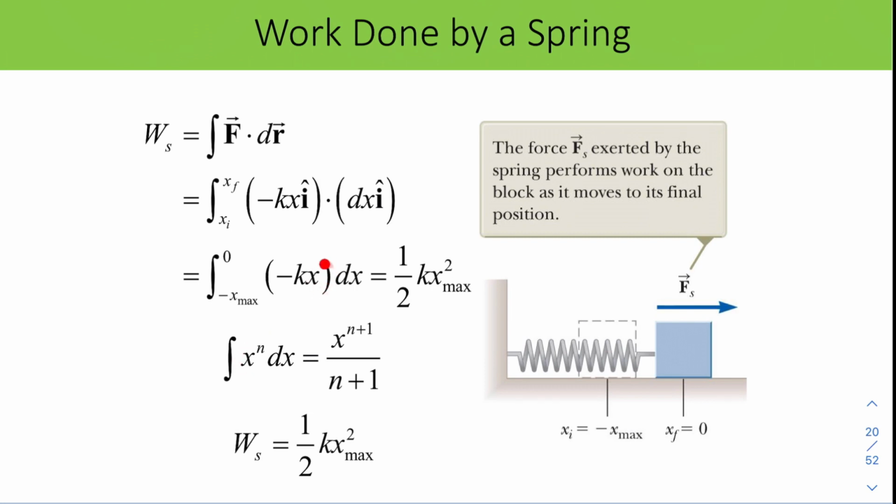So in terms of how to integrate x to the power n with respect to dx, we integrate it as x to the n plus 1 over n plus 1. That is how we manage to get the formula of work done by the spring equivalent to half kx maximum squared. Actually, this is similar to the one that I showed you just now.